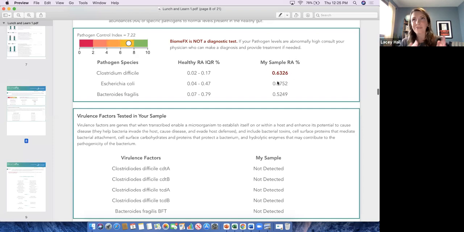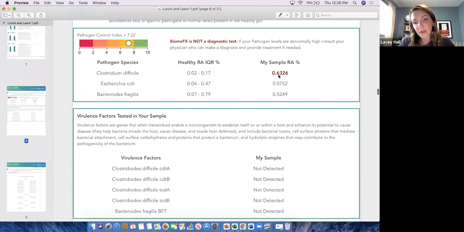That would indicate a pretty severe infection, definitely experiencing symptoms like frequent bowel movements, maybe even blood in the stool, definitely the smell of C. diff in the stool. If you've ever smelt it, you can never forget it, unfortunately. So with this, we're at 0.6%.